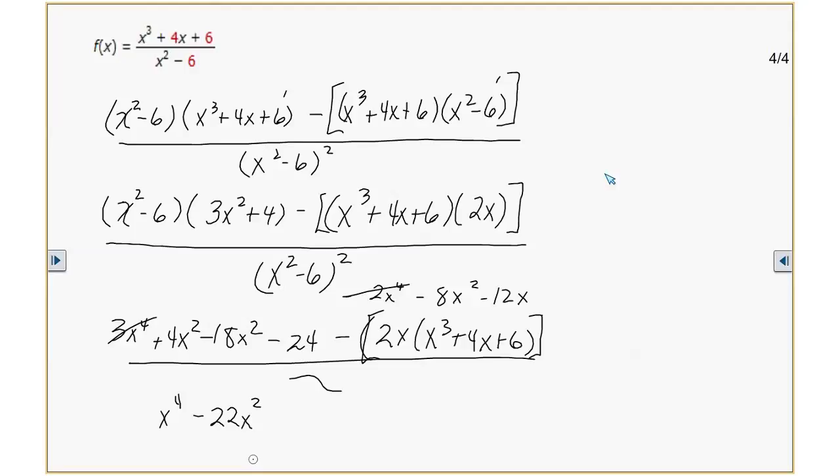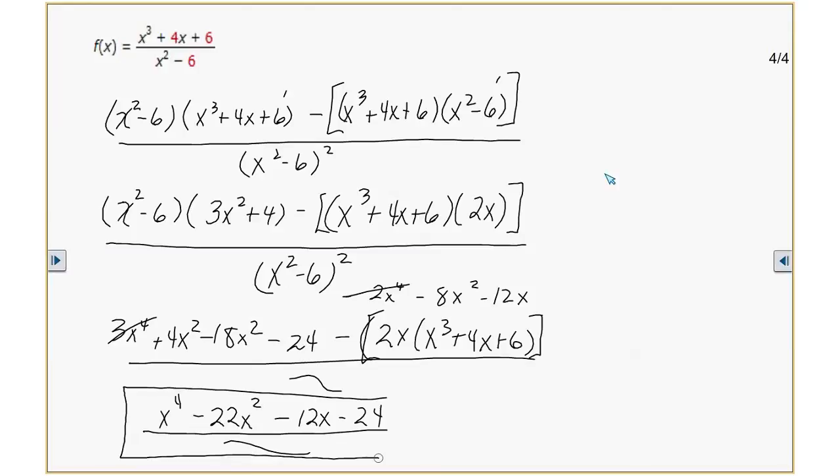Somebody check that. 4 minus 18 is what? 14 minus 8, negative 22, minus 12x, minus 24, over the denominator squared. Is that what y'all got?